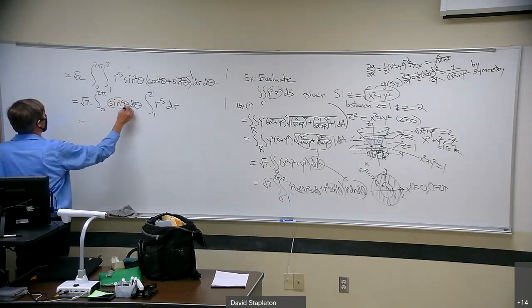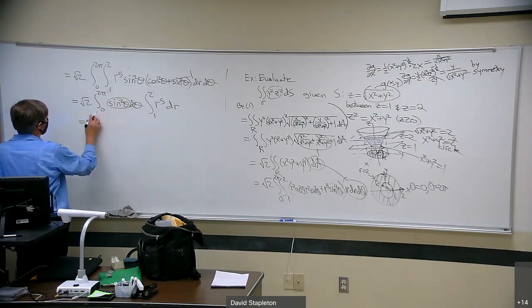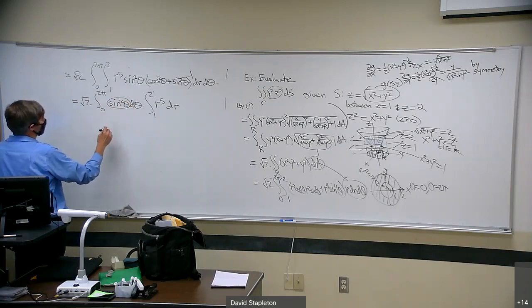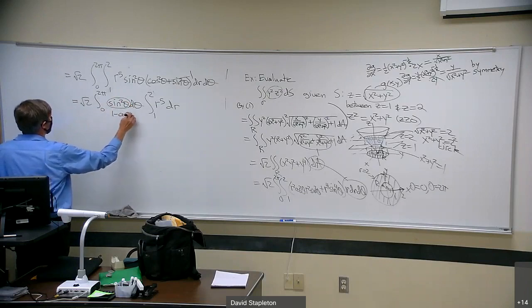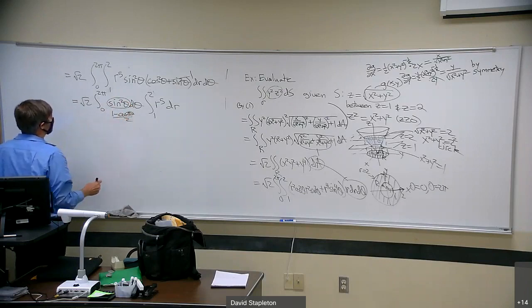Integrate sine squared theta, I'll use the half angle identity as the easiest way. You could use a reduction formula or something like that also. We'll call this 1 minus cosine 2 theta all over 2 by trigonometry.